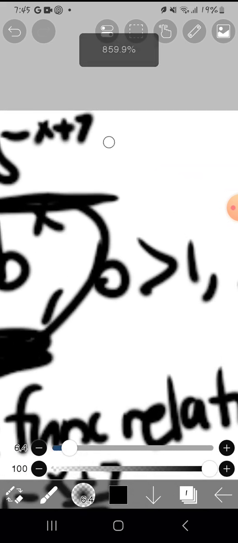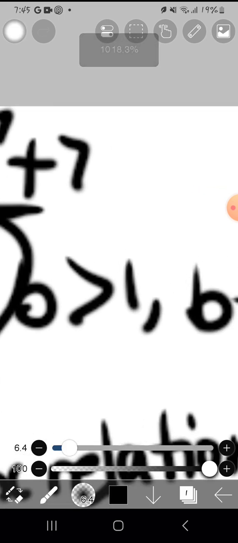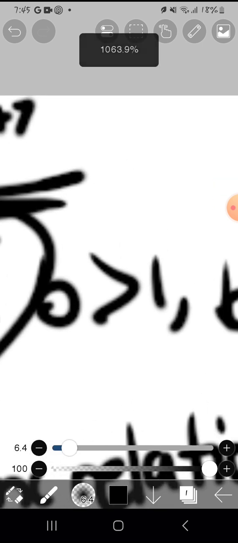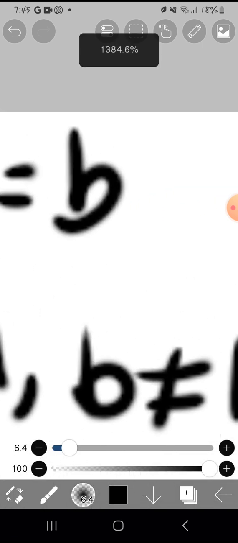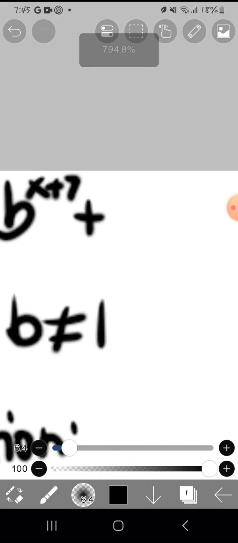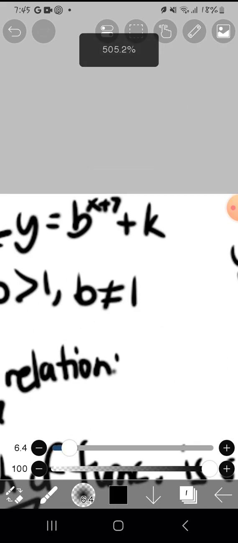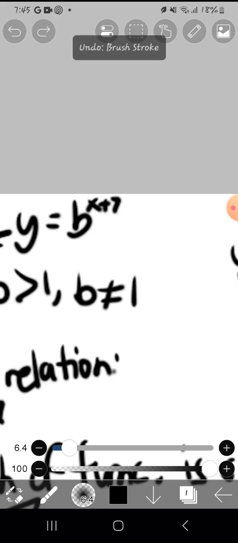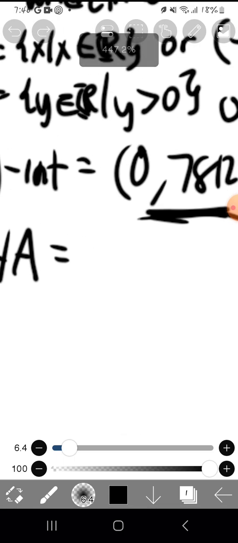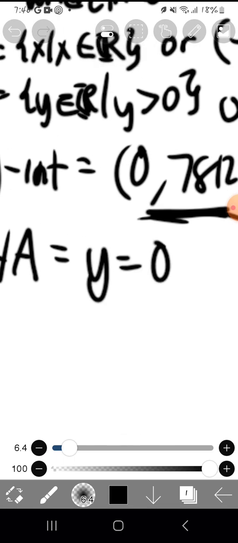Wala na siyang ibang term like plus 3. Ganun lang siya, y equals b raised to x plus 7. Wala nang nilalagay na plus k. Wala nang k value dyan. So, automatic horizontal asymptote here is y equals 0. Ayun na yun.